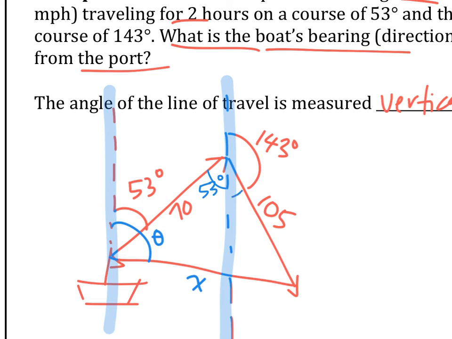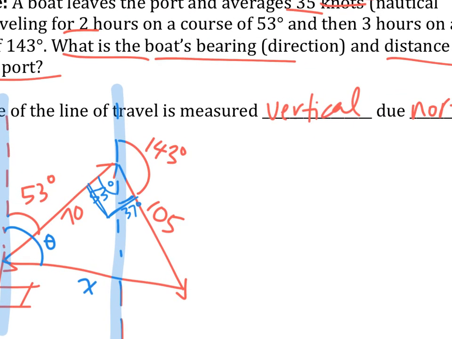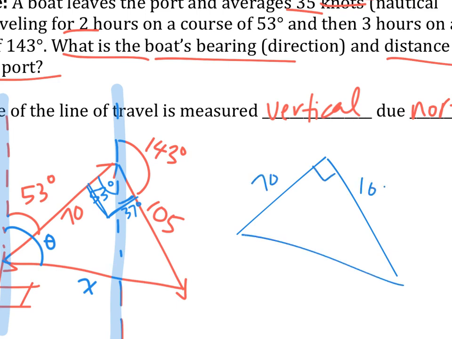This angle here is the leftover of the 180 degrees, so that's 37. 37 plus 53 is 90, so this is the right angle. Sometimes when it's very messy, I redraw it. So this is 90 degrees, 70, 105, x, and we want to know the angle from the whole thing, but you have to find this one first.